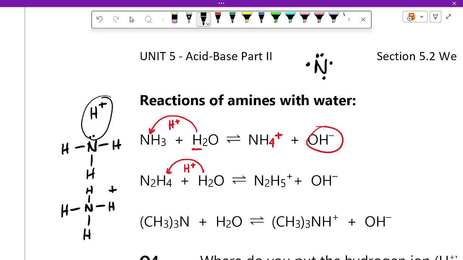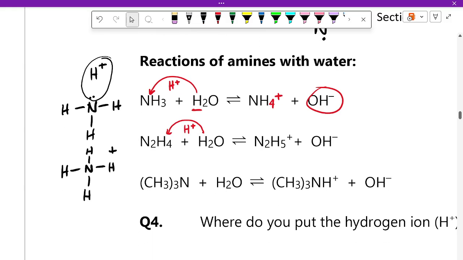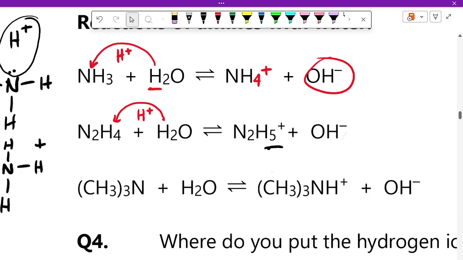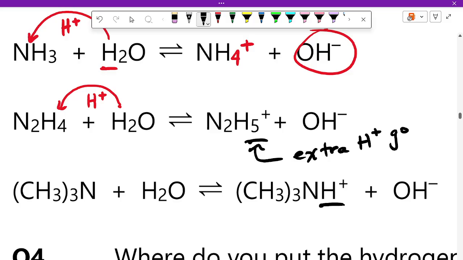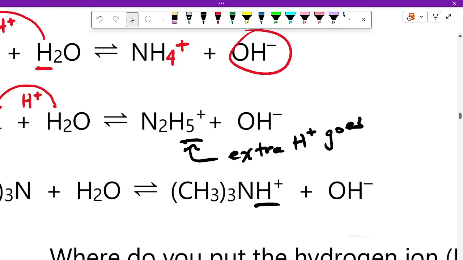Okay, do you need to really be able to do these? No, you just need to be able to stick an H plus on that. If you're told it's a base, just stick an H plus on it. Where does it go? If you've already got some H's, just put it with the other H's. If you don't have any H's, just put it beside the N. I don't think you need to know this, but just in case.